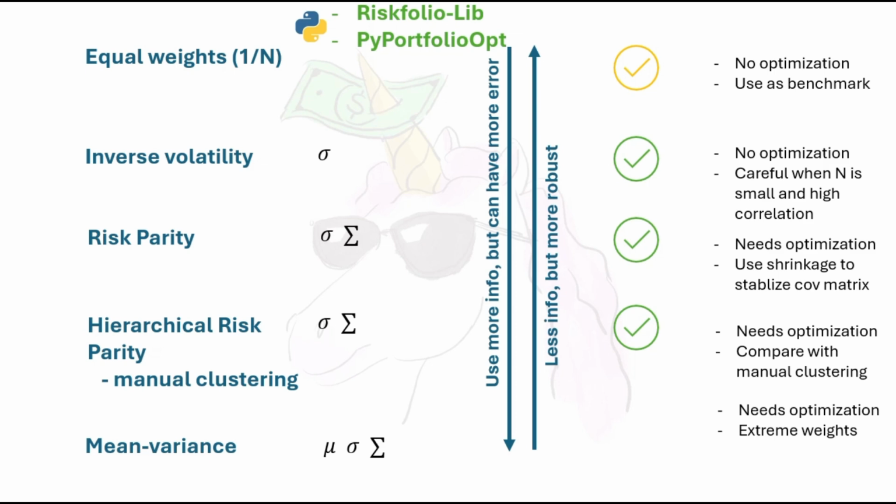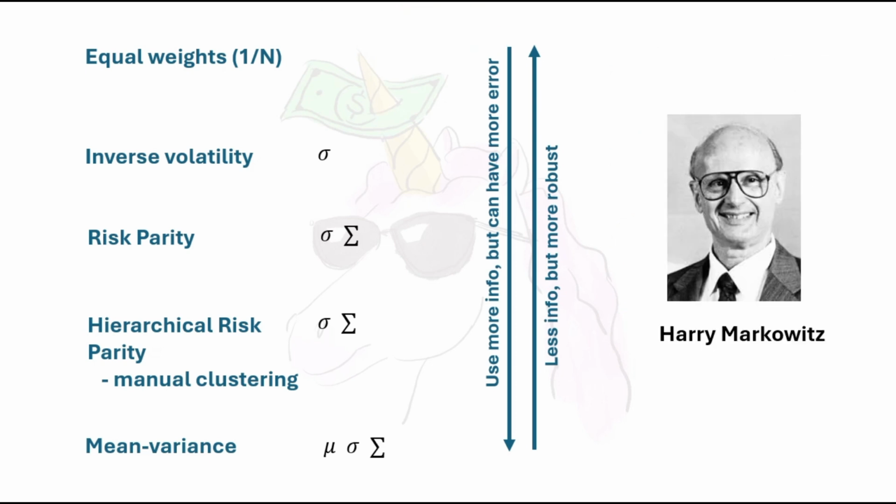To end today's video, I want to finish off with a fun anecdote. I read this story from a blog post. I'll also link the blog below. So Harry Markowitz, the guy who invented mean variance, what kind of method of portfolio optimization did he use eventually?